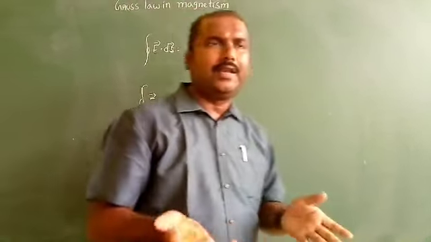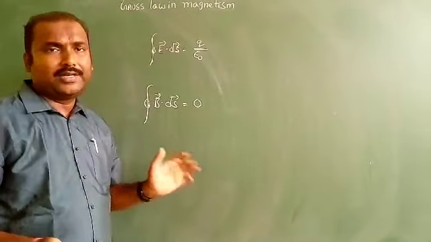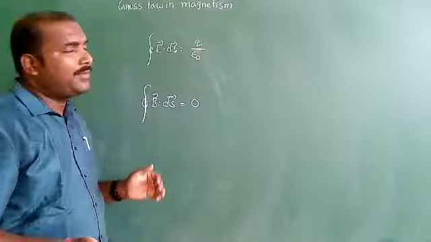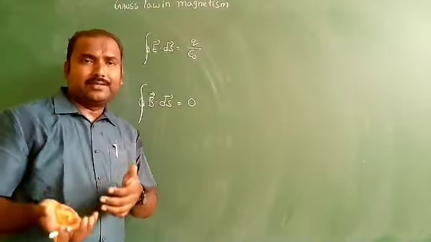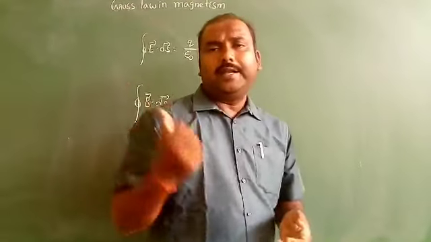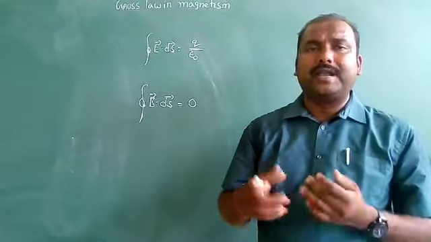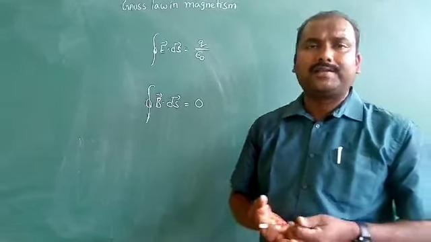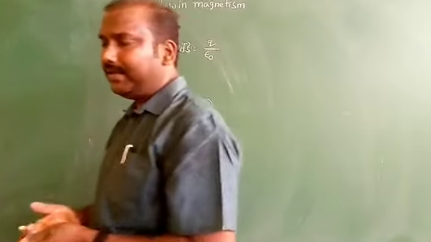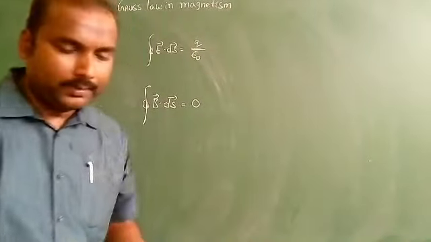So that is the reason the value becomes 0. But in electricity it is not like that. So according to Gauss law in magnetism, the net magnetic flux through any closed surface is equal to 0. So integral B bar dot ds bar is equal to 0. Why it is 0? Because the flux entering and the flux leaving are both the same. So that is the reason it becomes 0. Thank you.